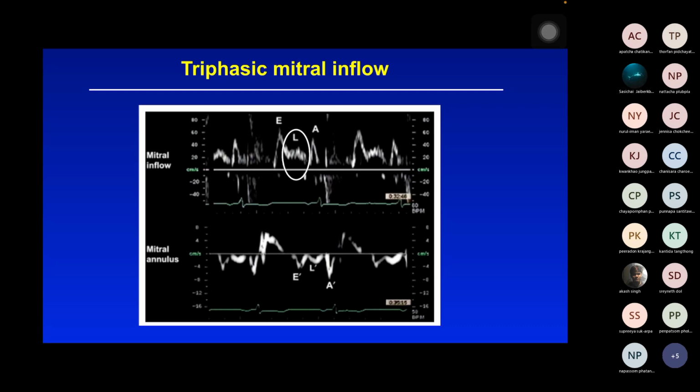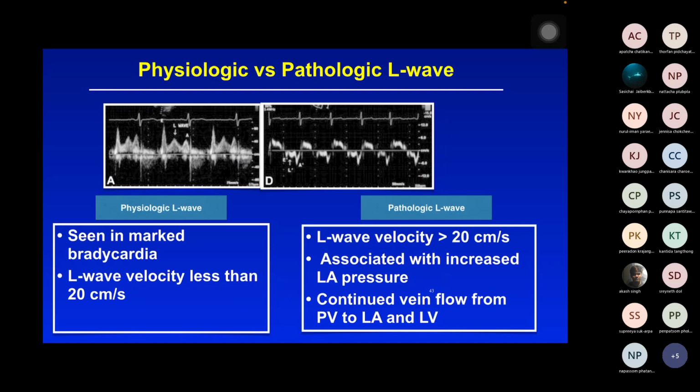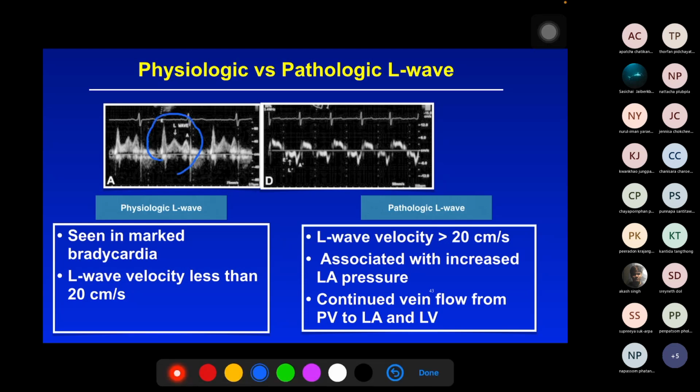This means the patient has high LA pressure. Normally, we would see E, then diastasis here, and then the A wave.